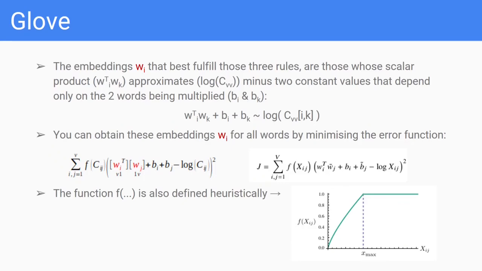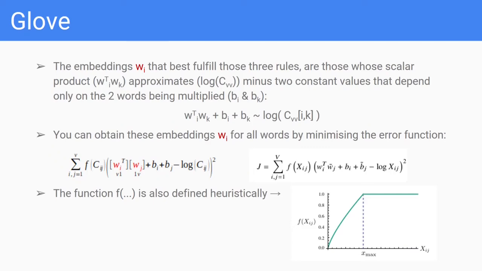So the product of two different words, so if you have a word i, W_i, then if you multiply by all the embedding dimensions of the other word and you add two different constants, that's the most complex linear relationship that you can create. And then they say that it also should approximate the logarithm of the count between those two words.